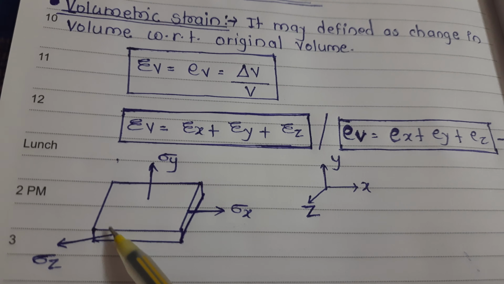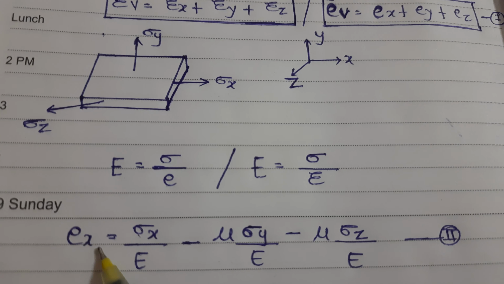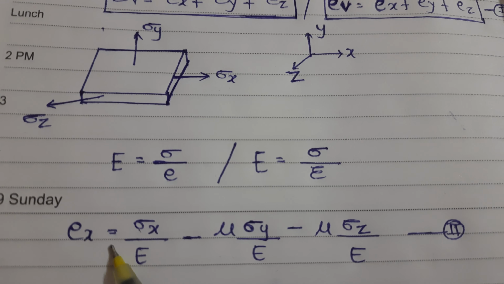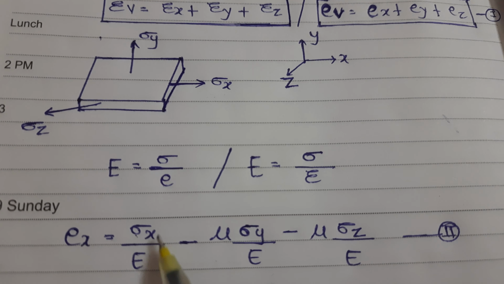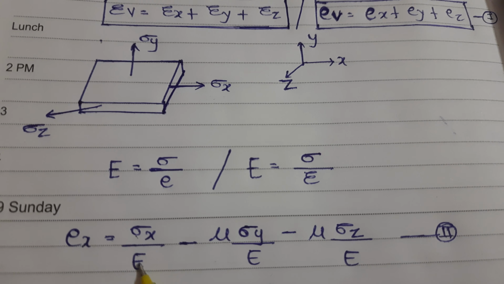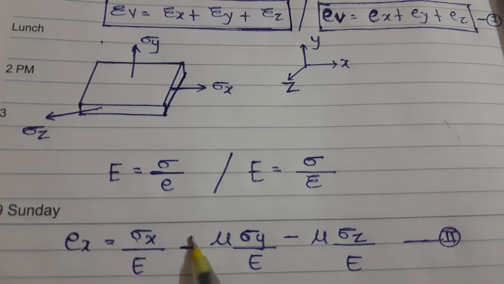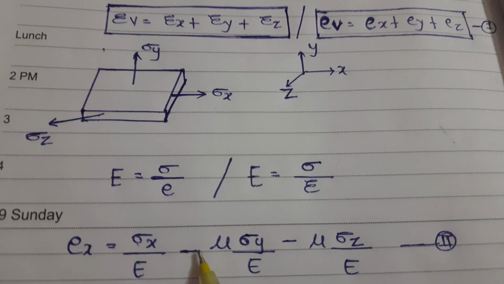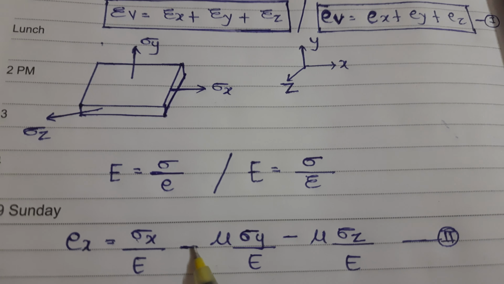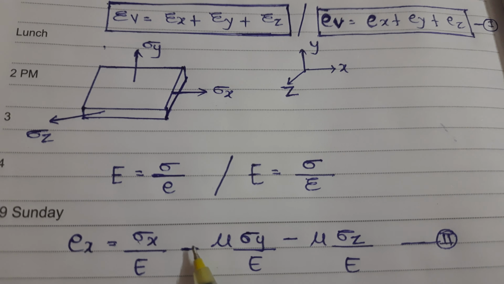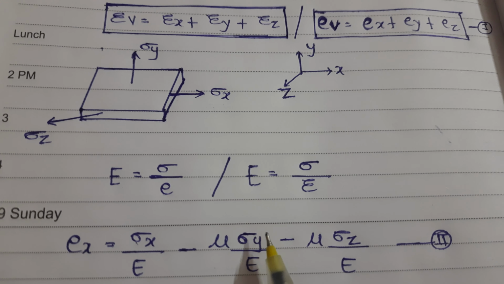Hence these remaining ones are responsible for lateral strain. So we can say strain in x direction is equal to linear strain due to sigma x, which is sigma x divided by E, minus. Originally it is a plus sign, but because of lateral strain we get a minus sign: minus lateral strain due to sigma y.